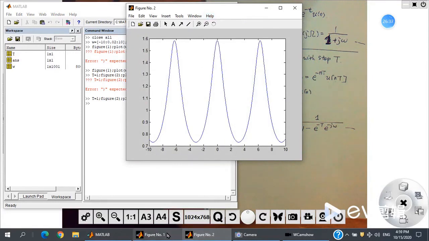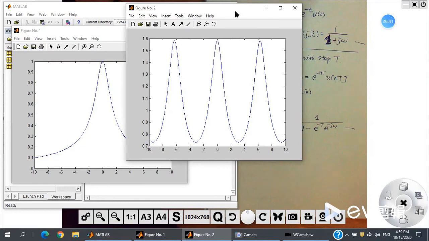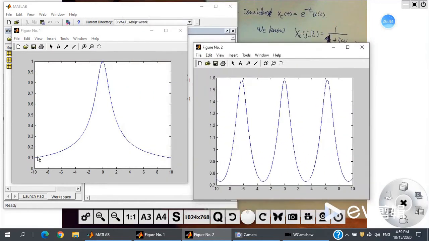The first one is here. So what happened? You see? Before they take samples, the continuous time signal, this is the Fourier transform in the magnitude. It is a peak like this, right? One peak in the middle. And this is after taking samples, you perform the DTFT.